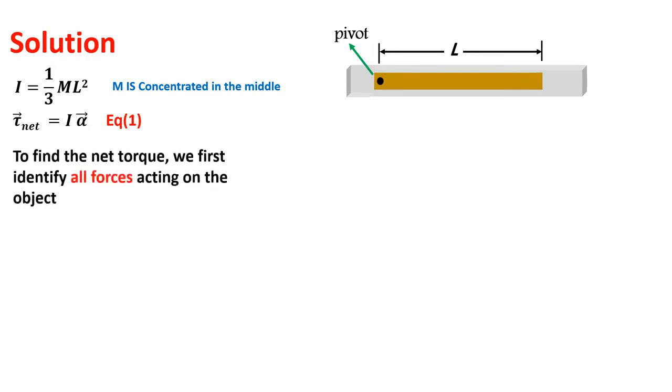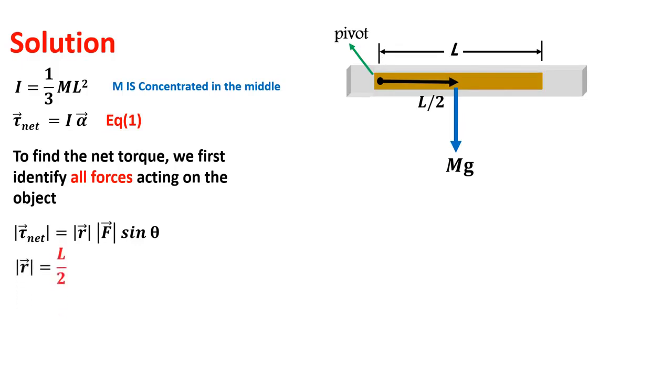To find the net torque, we first identify all forces acting on the object. There is only one force acting on the rod, and that is the gravitational force directed downward. As a result, the magnitude of the net torque equals the magnitude of r times the magnitude of F times sine theta. r represents the vector from the pivot to the point of application of the force and equals L over 2.